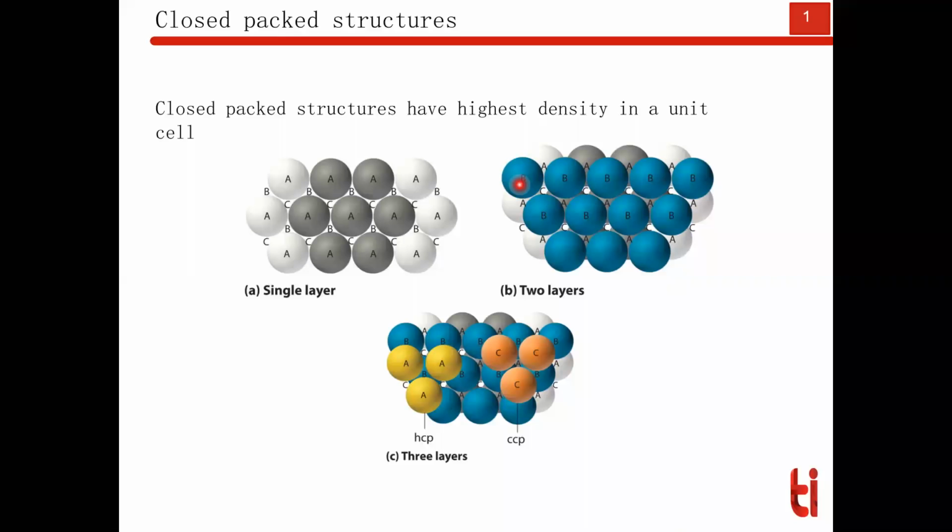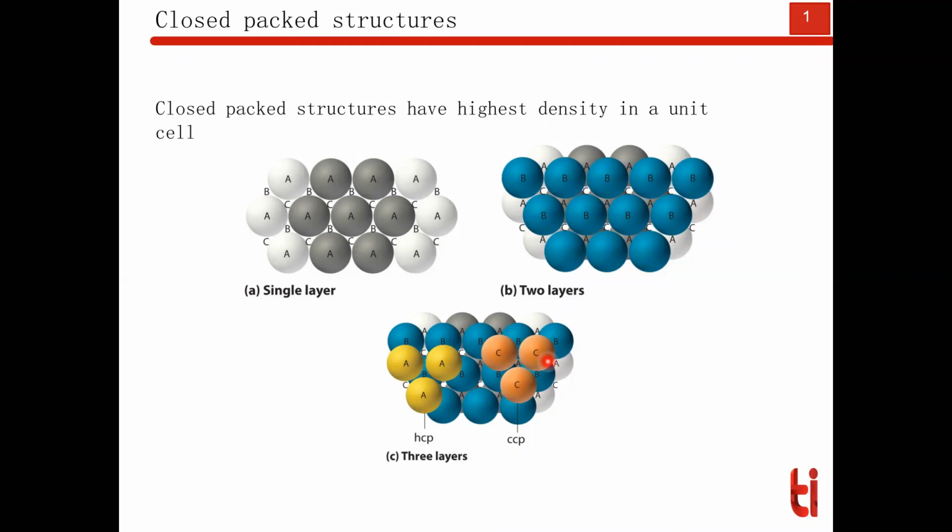And likewise, the valleys made by the B layer of atoms can be filled with a C layer of atoms, that is shown in the 3-layer diagram, the diagram C where my cursor is. You can see the valleys created by B atoms are now being occupied by a third layer, which is C atoms.